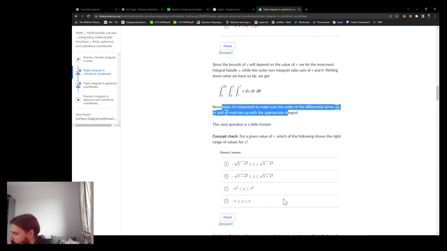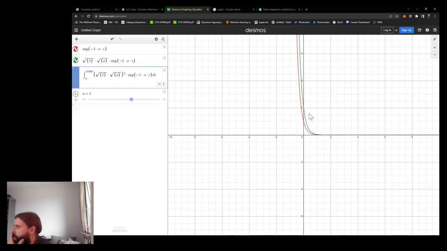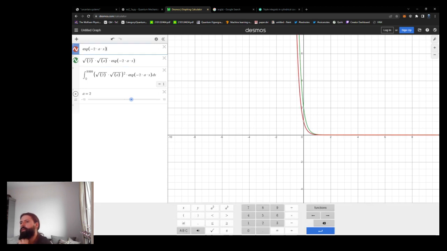We know that the boundaries are definitely... that's the thing, right? If we keep the n here, that's what bothers me a bit.